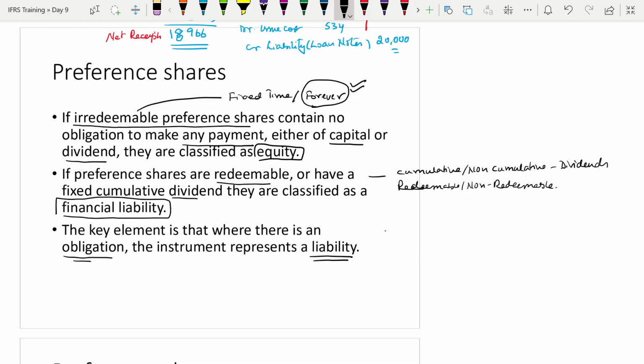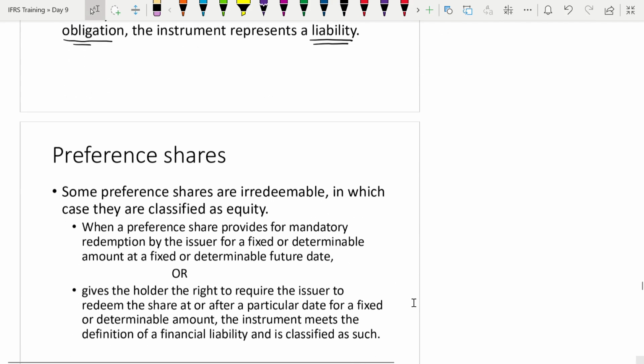There is no return back. That is the reason we cannot classify it as a liability. This is the key difference. Where there is a constructive or contractual obligation, it has to be a liability. If there is no contractual obligation, there is no liability as such.